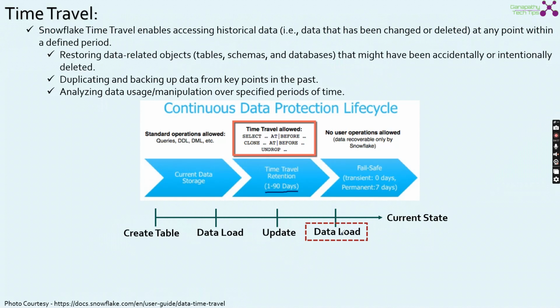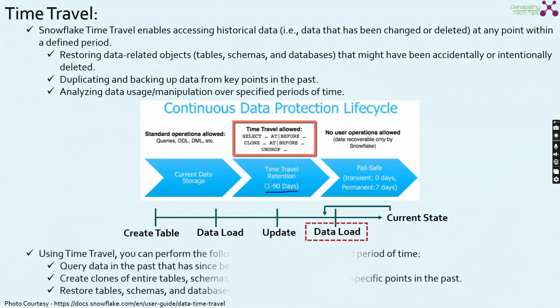Now what you want to do is go back to the point before this data loading happened. That is what we can do using time travel. So from the current state, you can go back to the state before the specific data load. This is a very fascinating and interesting feature within Snowflake, which is very helpful for many operations.